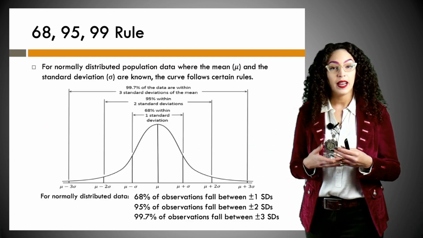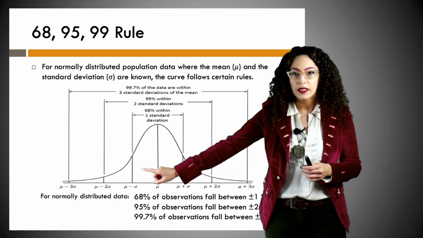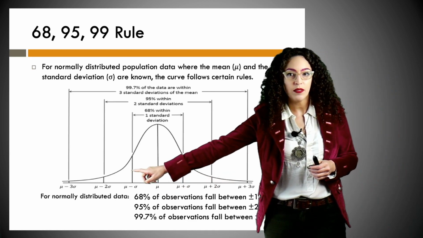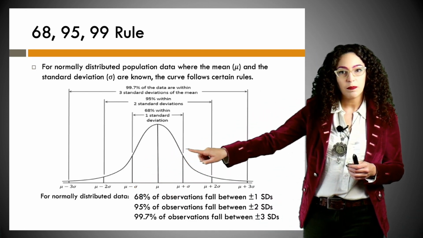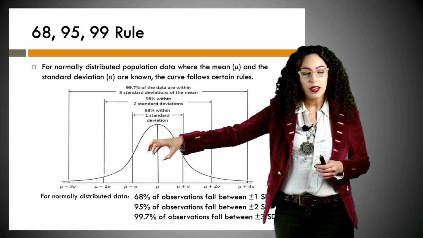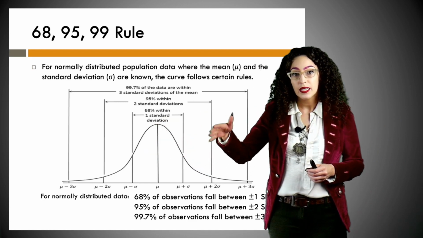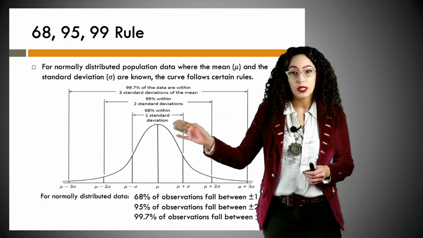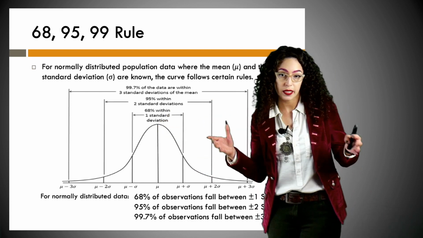Normally distributed data has a really nifty little rule associated with it. So let's notice here that a z-score, let's say of -1, would be right here, and over here would be a z-score of positive 1. The amount of people that will score between -1 and positive 1 is about 68%. Now, what about 2 standard deviations, plus and minus?